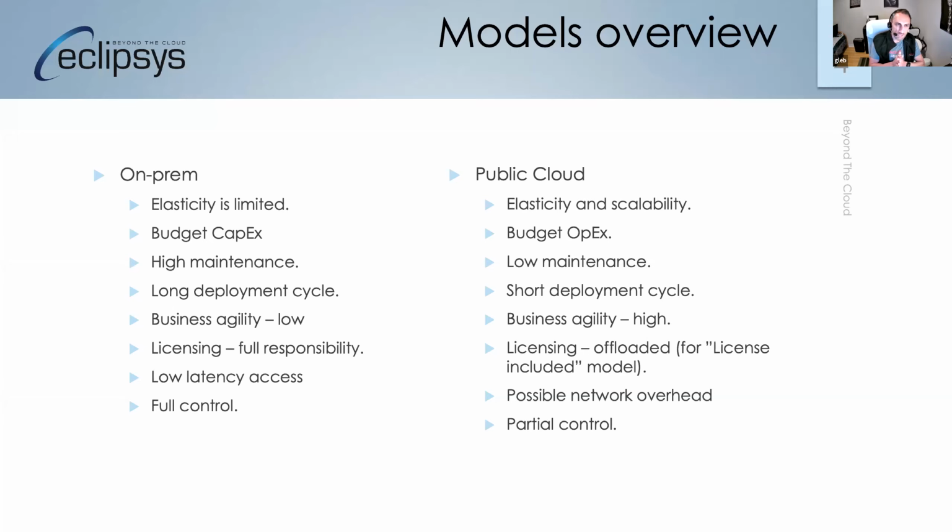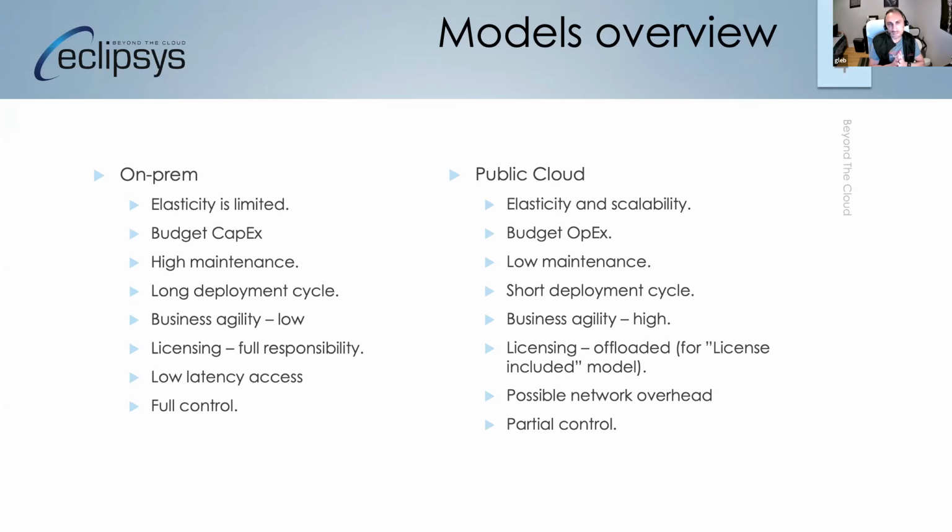The budget is usually a capex budget with capital investment. I would call it high maintenance because you have to maintain everything: network, servers, infrastructure, electricity, cooling, and everything in your data center.